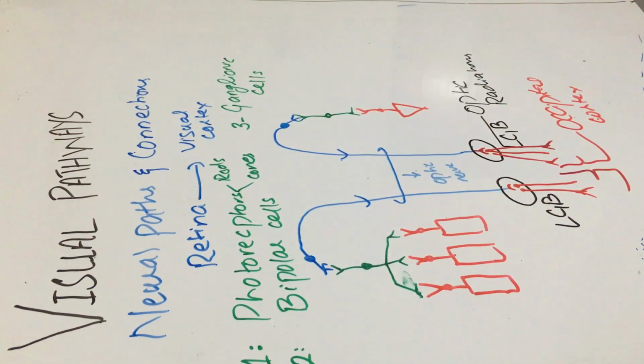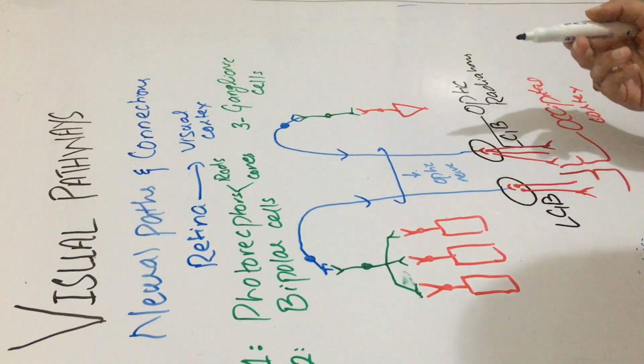Another thing most commonly talked about and written in the literature is first order neuron, second order neuron, third order neuron. Now I want to clarify what is meant by these. In the visual pathway, what is the first order neuron? The rods and cones are the photoreceptors.